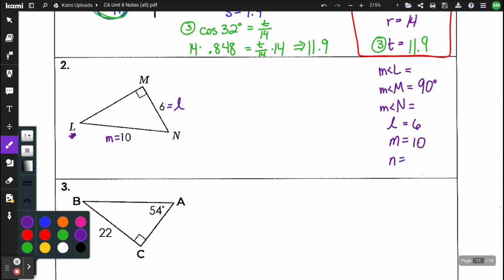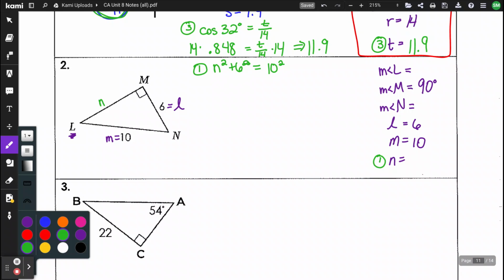Great. So where do we start? Well, I always like to start where there's the most information. We have the most information on the sides, so let's find side N. In order to find side N, since we have the two other sides, let's use Pythagorean theorem. So we have N squared plus 6 squared equals 10 squared.